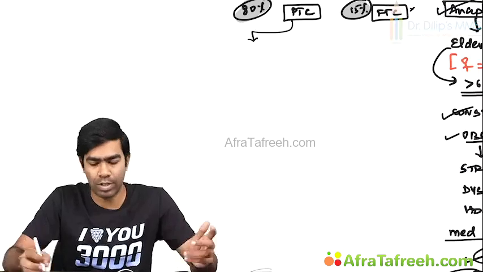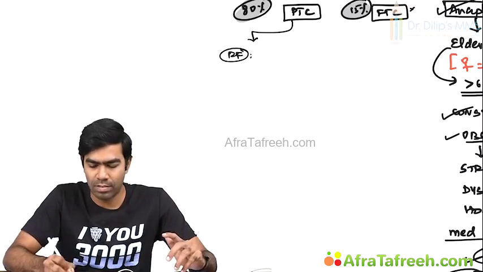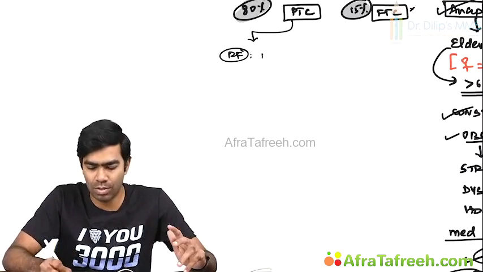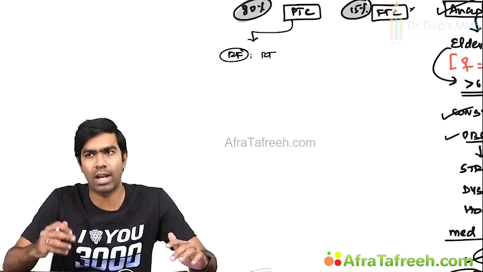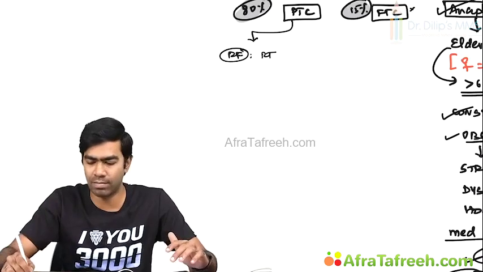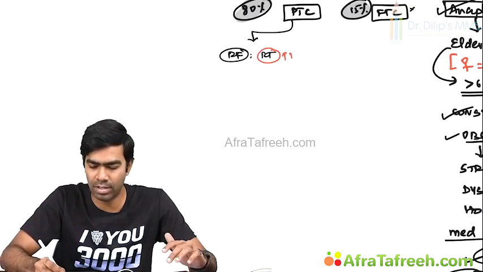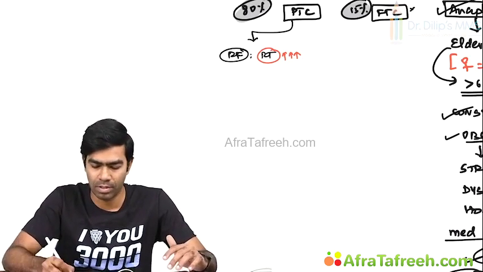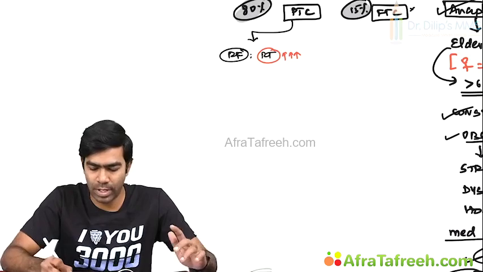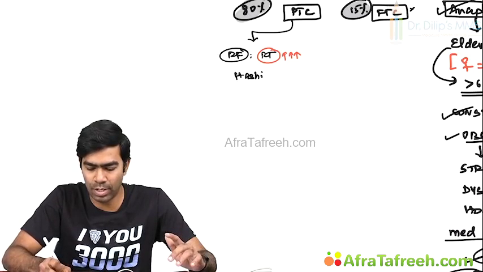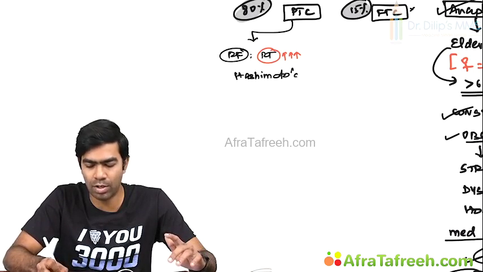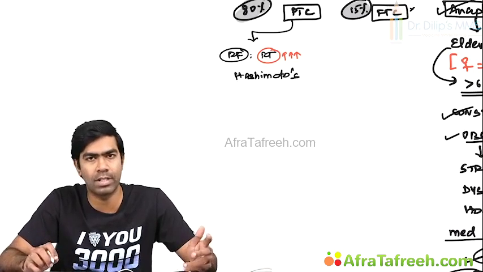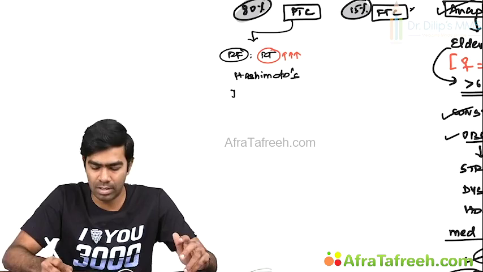Features of PTC. First, we have to know the risk factors for getting a PTC. The first risk factor, as far as I know, is radiotherapy or any radiation exposure to the head and neck area. Very, very high risk. This is supposed to be the highest risk for developing papillary thyroid cancer. And you might get it with Hashimoto's. There are two tumors you can get in relation to Hashimoto's thyroiditis: one is thyroid lymphoma and the second is PTC. Yes, still there is a risk.